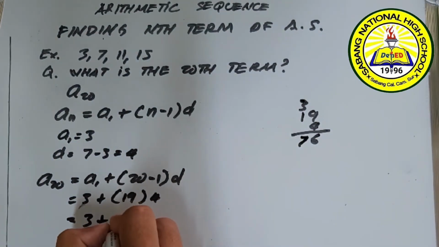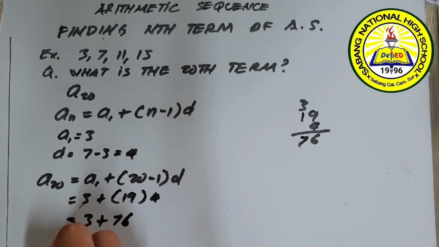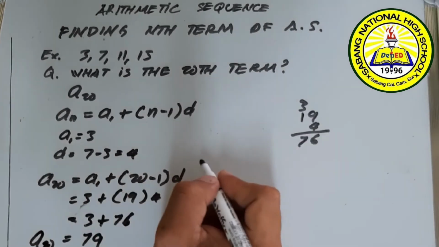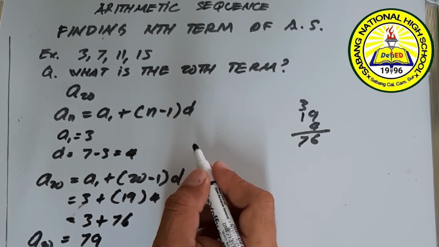We have 76. So, 76 plus 3 is equal to 79. Therefore, a sub 20 is 79. The 20th term of this sequence 3, 7, 11, 15 is 79.